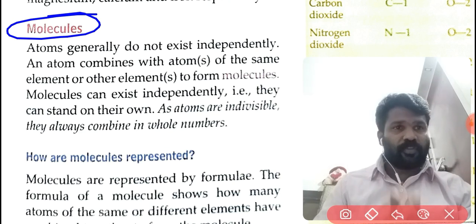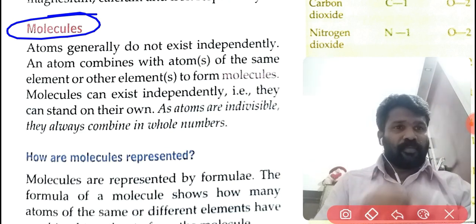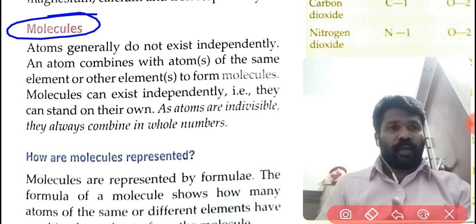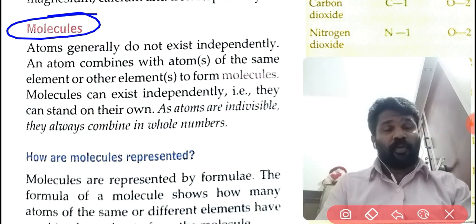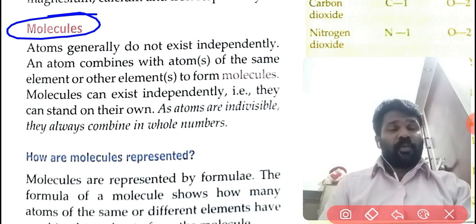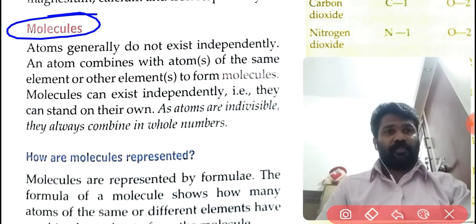So when atoms join, what is formed? That is a molecule. Molecules can exist independently.